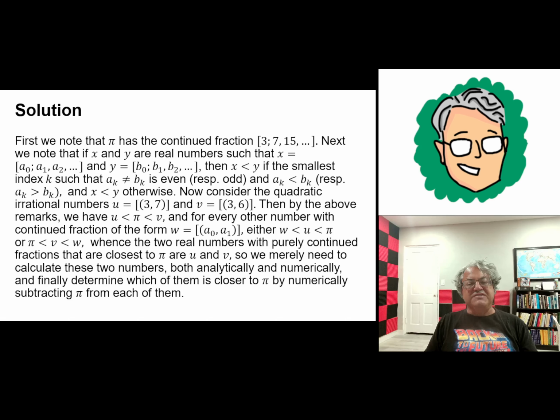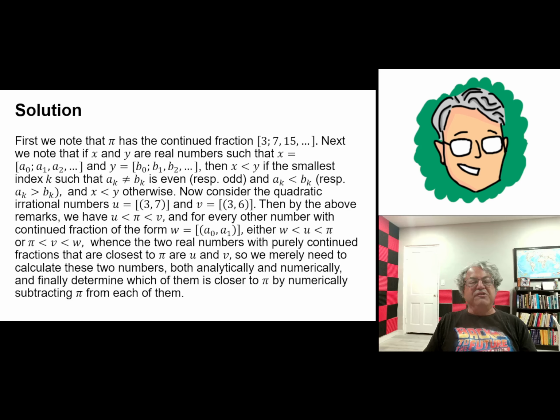And clearly a0 has to be 3 in order for this to be a good pi approximation, because if a0 was less than 3, the number is less than 3, and if a0 was greater than 3, the number is greater than 3. But we don't want that, because periodic continued fractions with a0 equal to 3 are between 3 and 4. Those are closer than anything less than 3 or greater than 3.